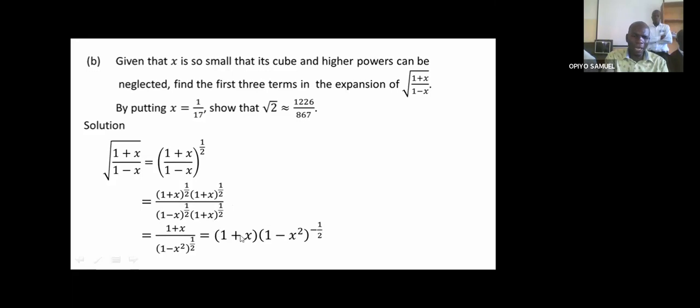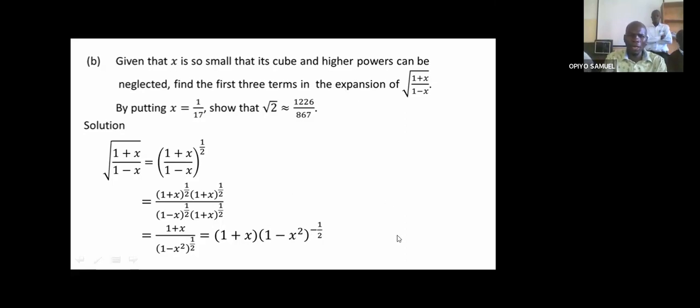So the first bracket, that is 1 plus x, is now simple. We only have the task to expand the second bracket, which is (1 minus x squared). And for this matter, we shall have to work on this using binomial expansion.